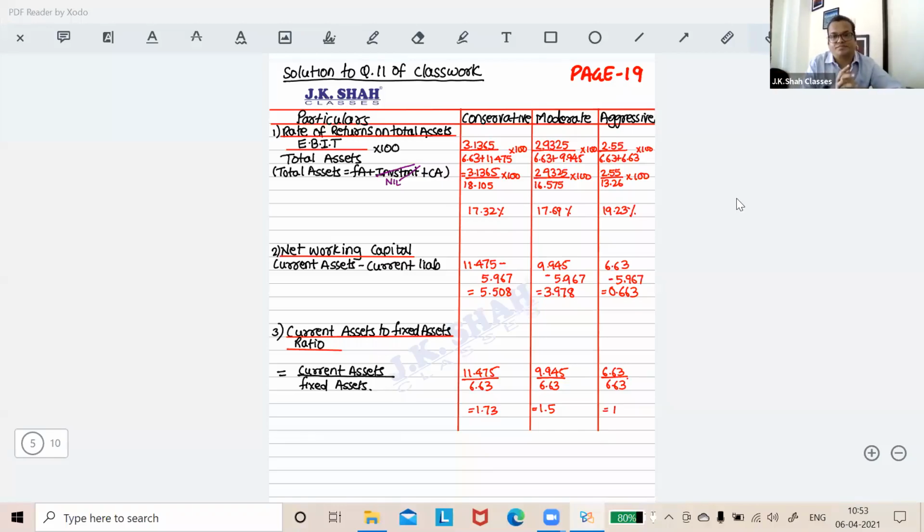But returns are also lowest. In bracket you mention, where do you see the returns? The returns you see in the first ratio, returns on total assets. So when you are saying that the returns are also lowest, justify it in the bracket: returns on total assets is equal to how much?